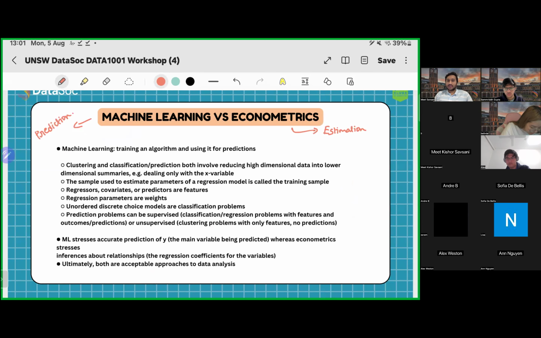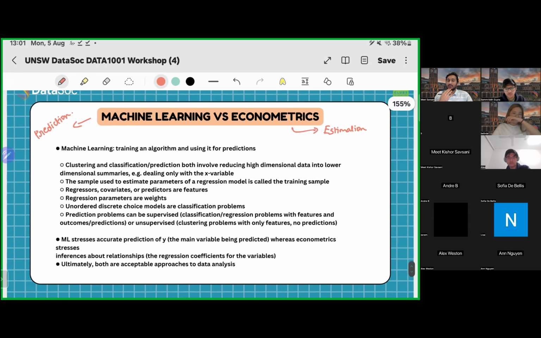Machine learning has various algorithms and it learns iteratively through data to give you the prediction. But in econometrics, we have estimation. For example, we want to estimate the effect of a university on the salary of a graduate. So how does the salary differ when you graduate from UNSW or, let's say, Macquarie?